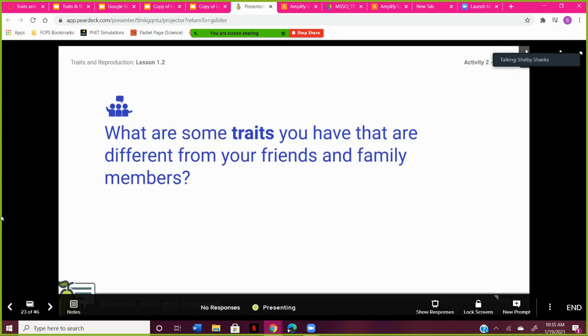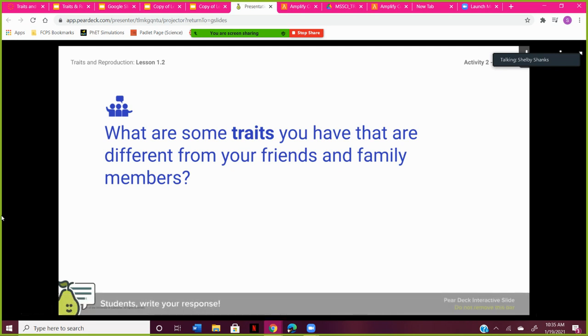All right, so what are some traits you have that are different from your family members? All right, so we've got features, hair color, eye color, skin tone, but what are those specific traits that you have that are different from your friends and family members? All right, is your eye color different? Is your hair color different? Is your skin tone different? Maybe you have broad shoulders.